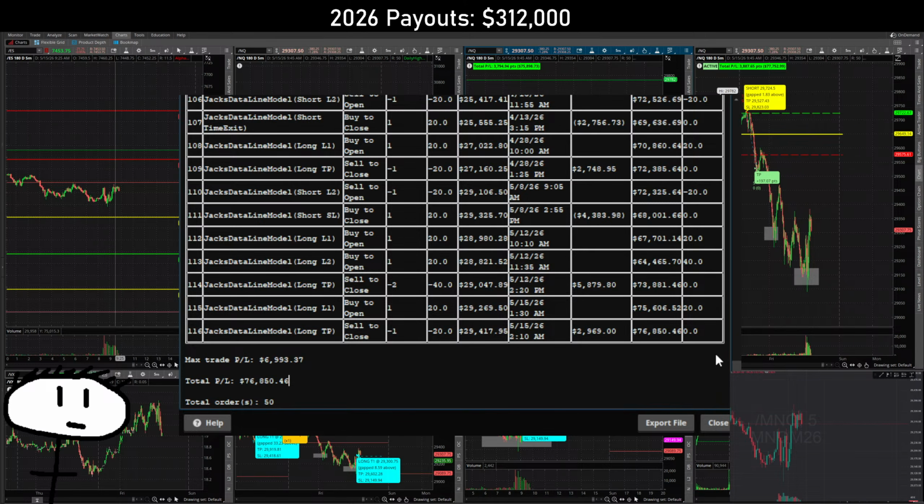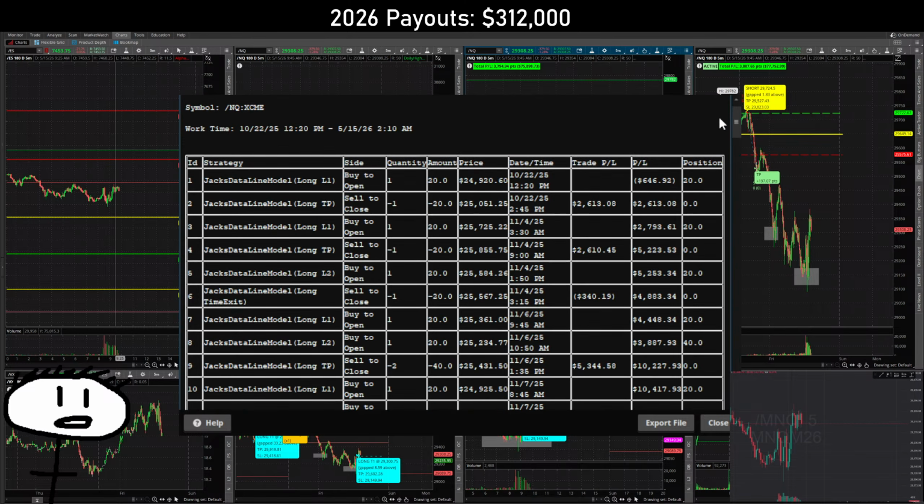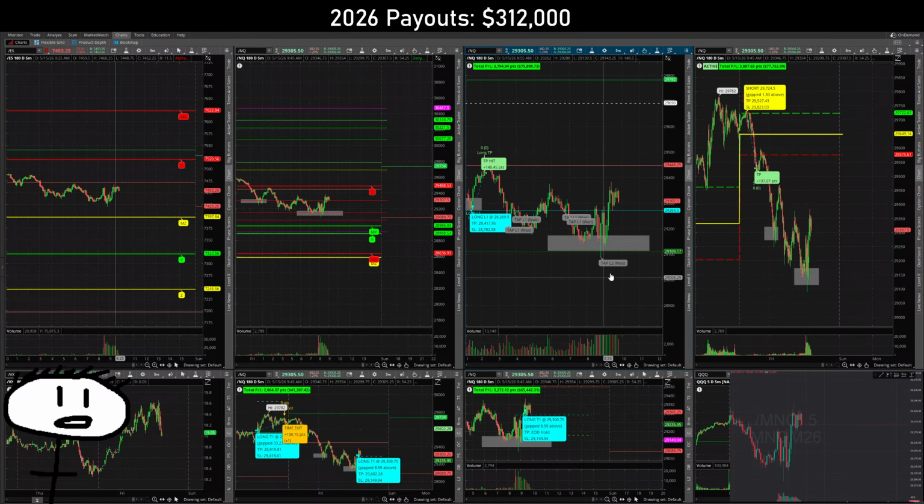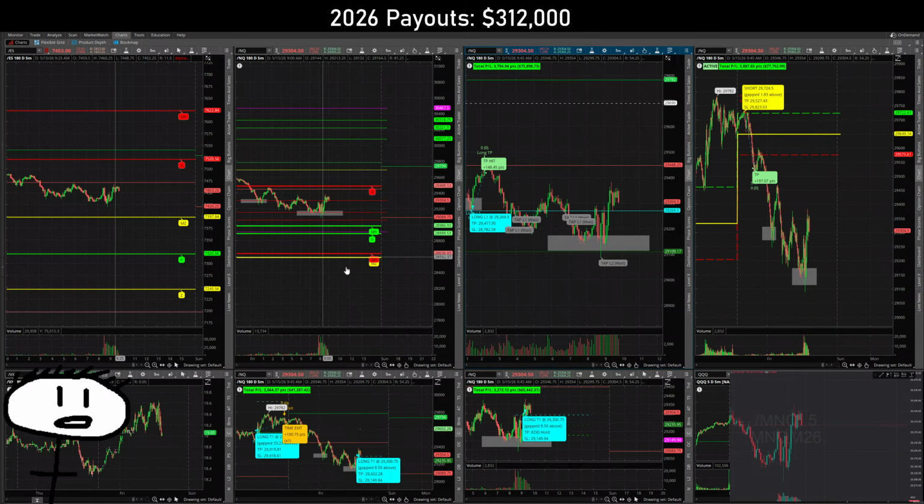Which is why I'm testing these models for the next 6 months. And one of them I already threw away. That was the initial balance model. I couldn't get it to work.